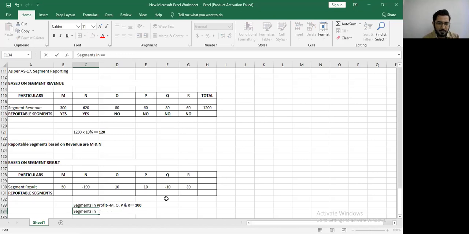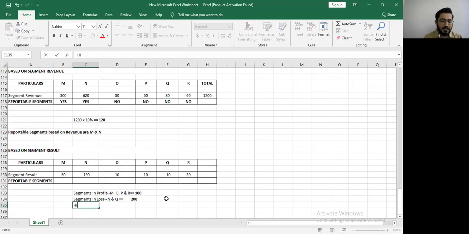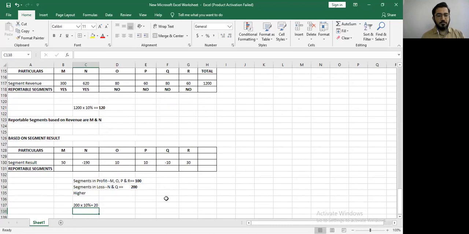Your segments in loss are N and Q. Total comes to 200. You will select whichever is higher. So we will select 200 into 10%, comes to 20.